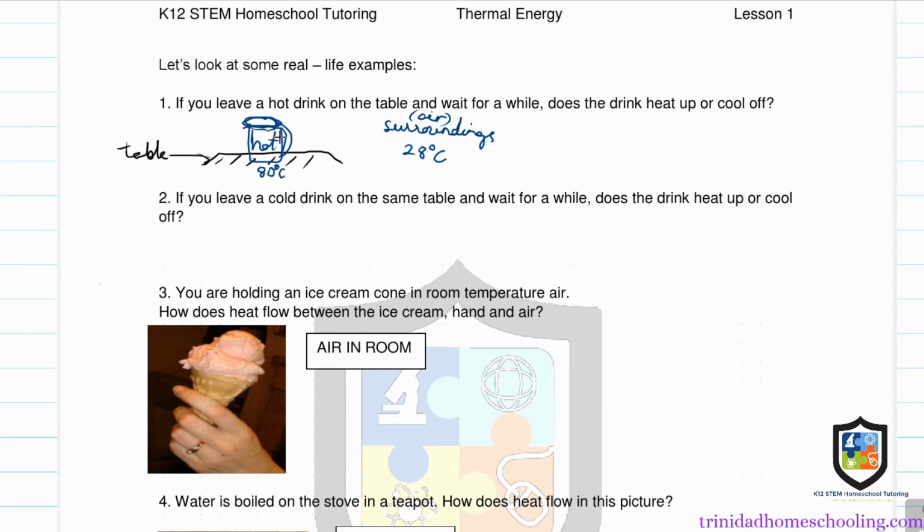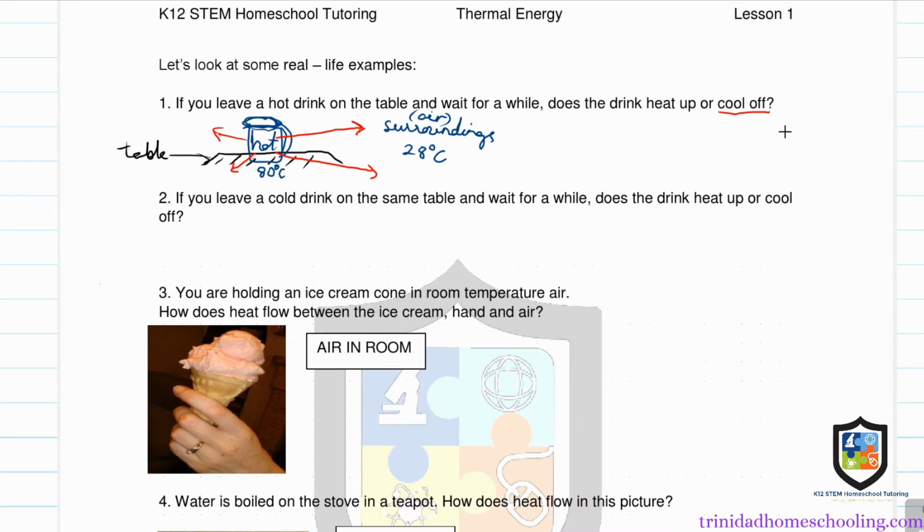Well, we know that it would move from the hotter object to the area of lower temperature. So it will move out into the air in the surroundings, or if the table is colder, it will move to the table. So heat is transferred out of the mug. Now, if heat is leaving or is removed from the hot object, then the drink inside your cup would cool off.